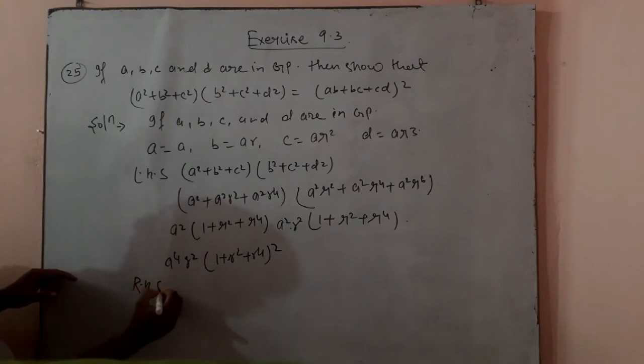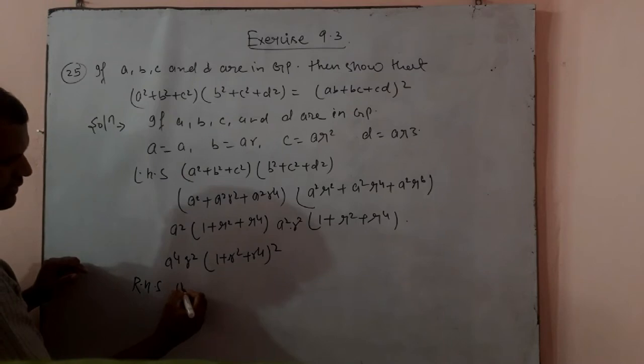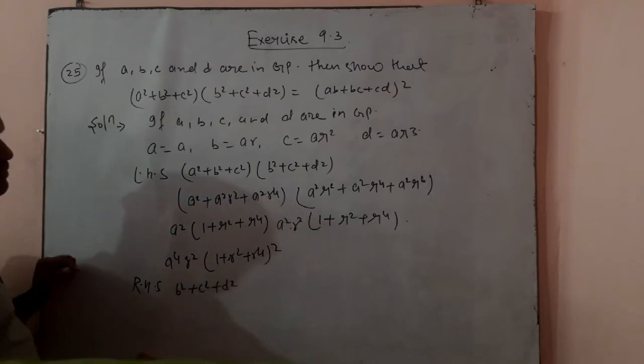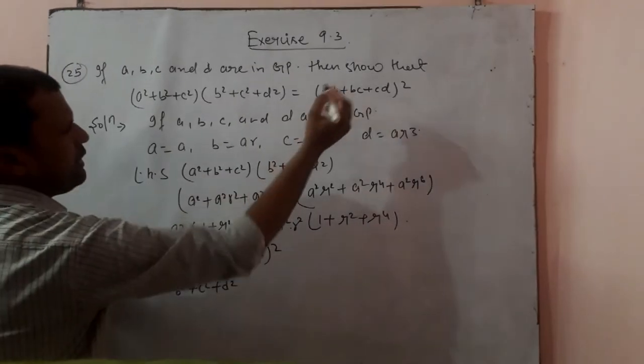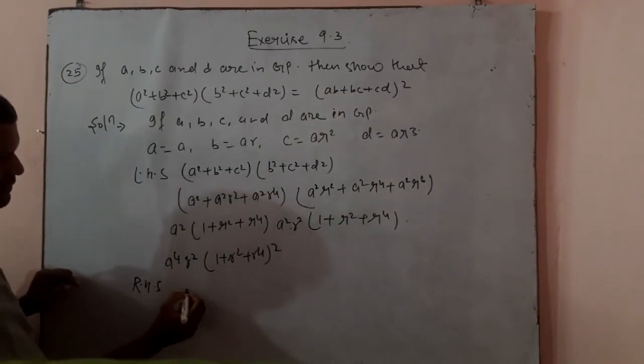Now RHS. What is the RHS? AB plus BC plus CD whole square. This is the RHS.